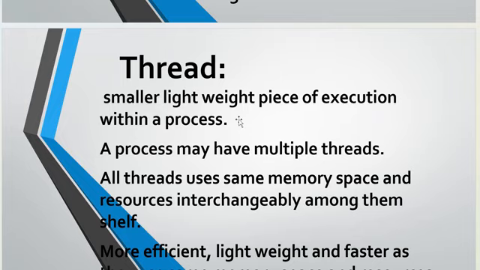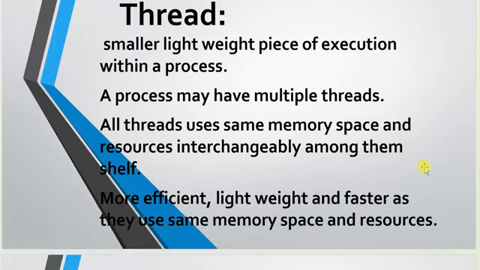Sometimes slicing will be there: one thread will take a small chunk of time, then release it, and another thread will use that. The process is so fast, they interchange so fast, that we think it is happening parallelly, but actually it is interchangeable. The CPU or the processor will assign the time to the various threads.